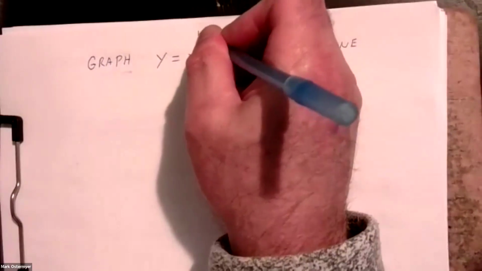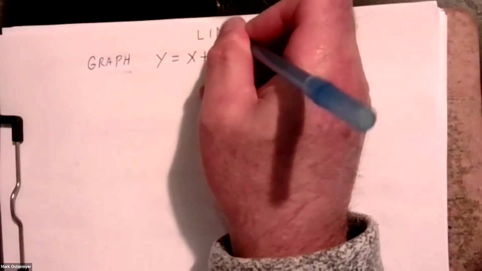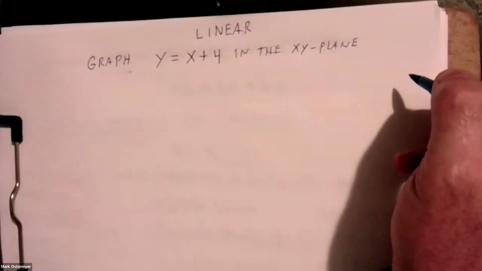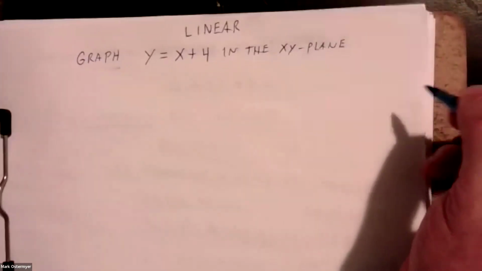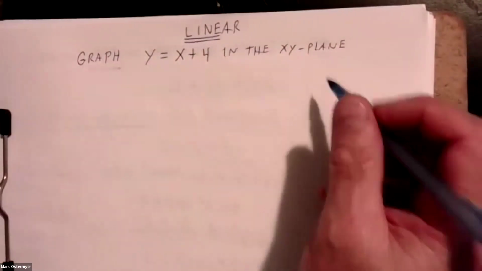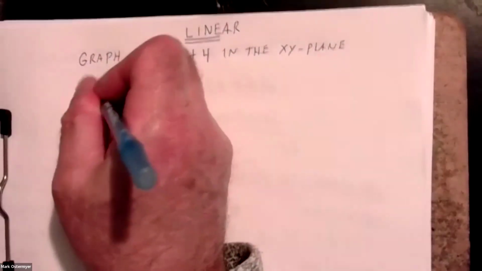Now, this is a linear equation. And in the word linear is embedded what word? In the word linear, we see the word line embedded in the word linear. Line. That's there for a reason. Because here's a well-known fact.